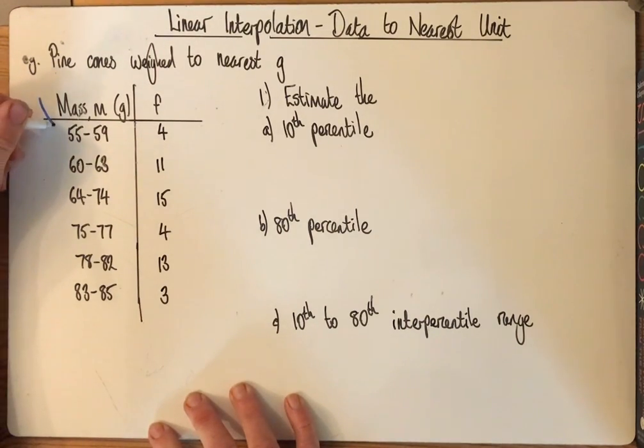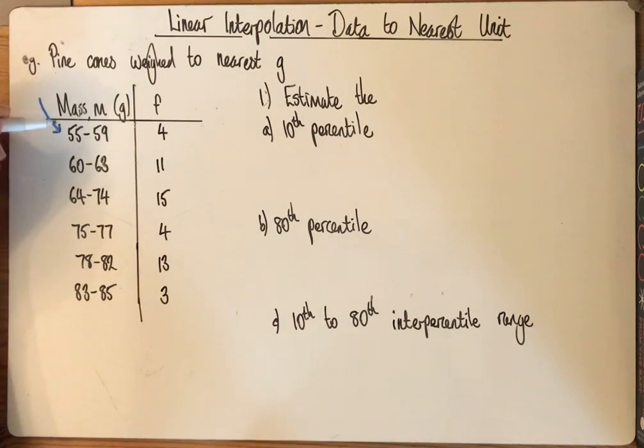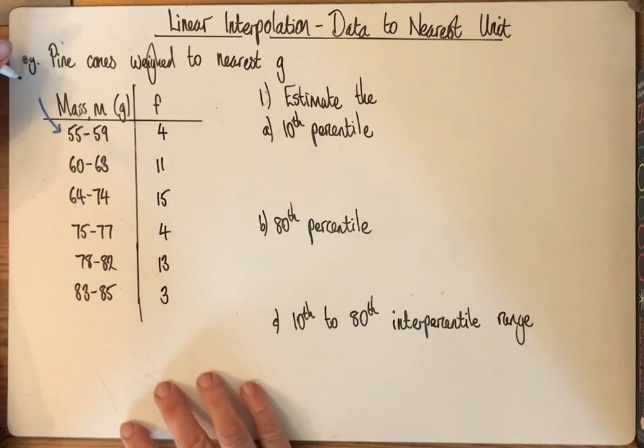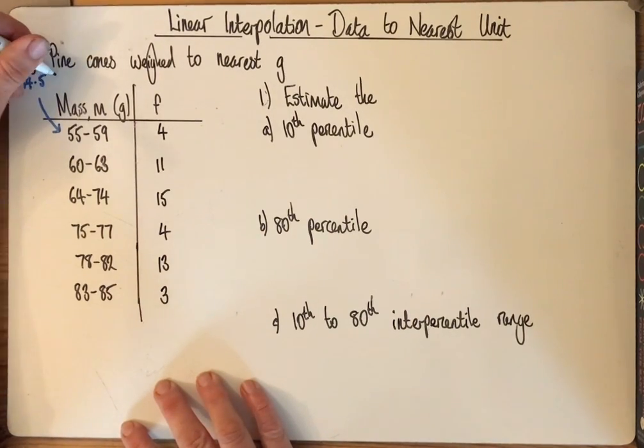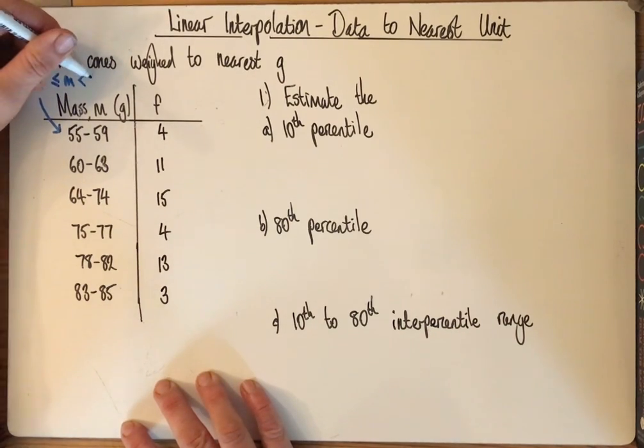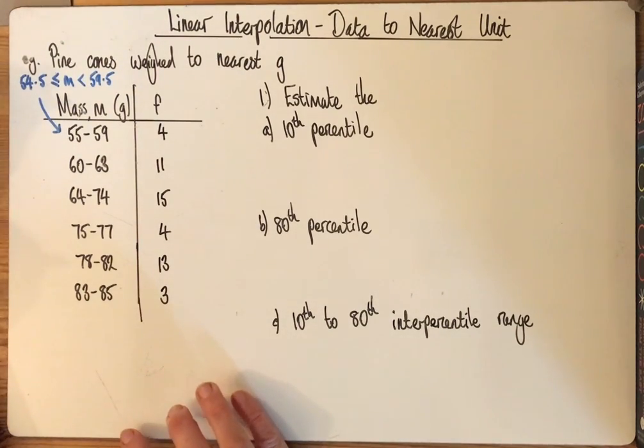So the masses, which would round to the nearest gram, being between 55 and 59, would be that 54.5 is less than or equal to m is less than 59.5.